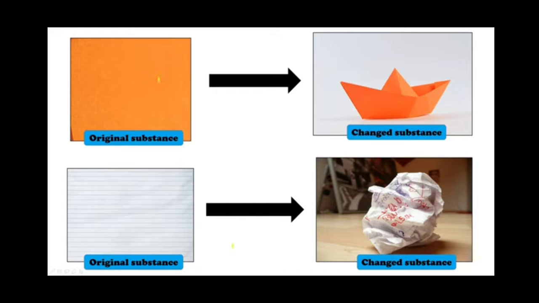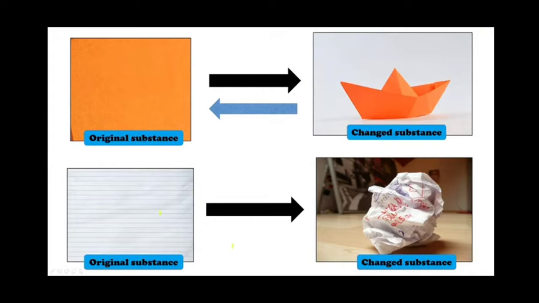Yes, I can get the paper back. I just have to unfold it, then I will get the paper back. It may not be perfectly straight, but it will be in its original piece. So the change that is reversed from another substance to the original substance is called a reversible change.